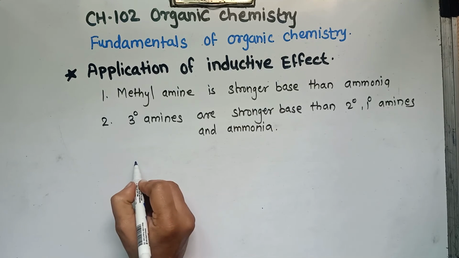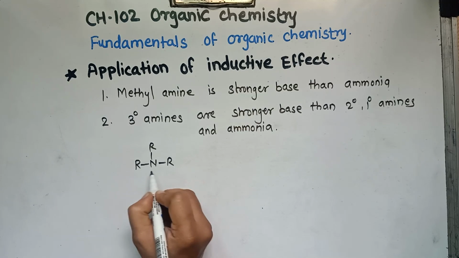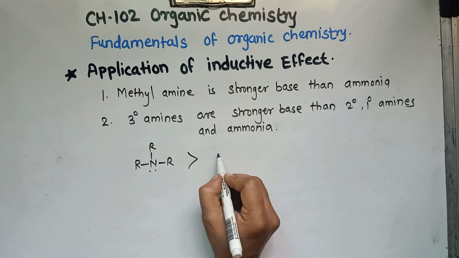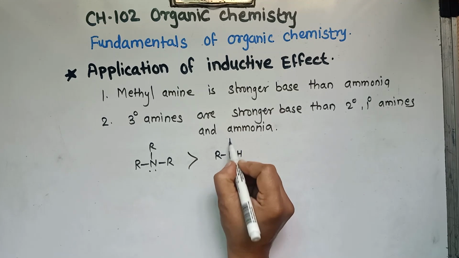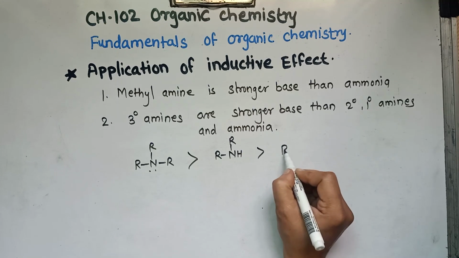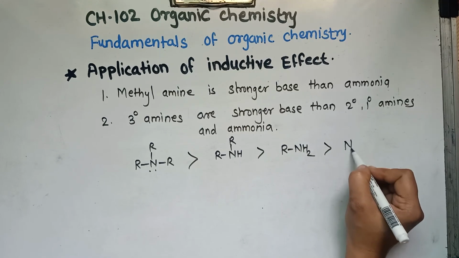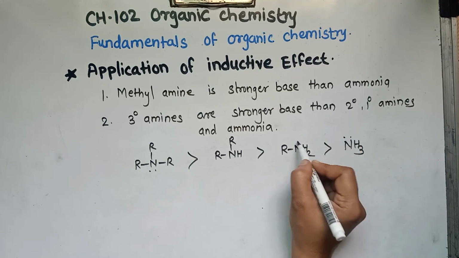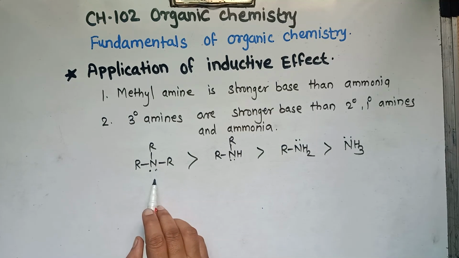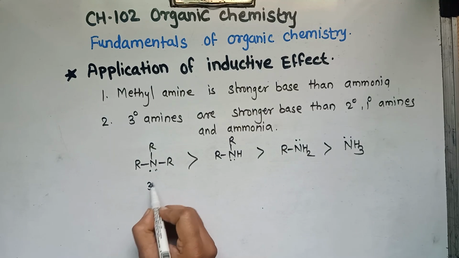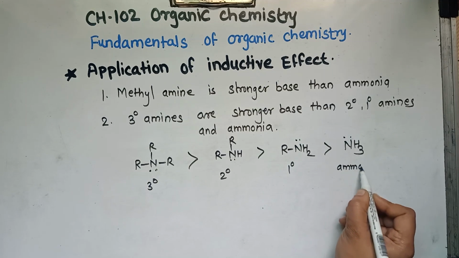For that, we draw the structure of tertiary amine. This is the structure of tertiary amine. Then this is secondary amine, primary amine and ammonia. So these are the structures. So this tertiary amine is a stronger base than the remaining ones: tertiary, secondary, primary and ammonia.